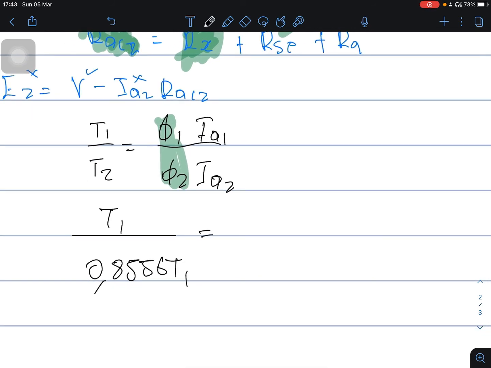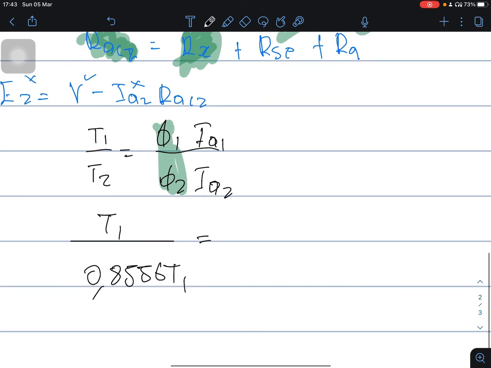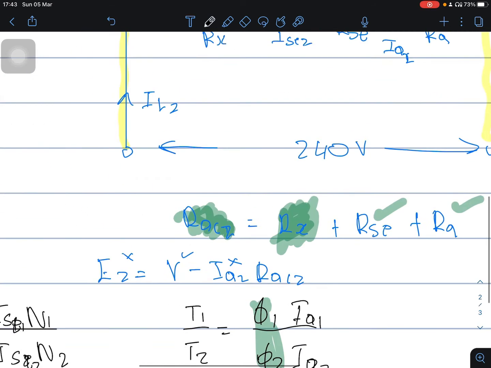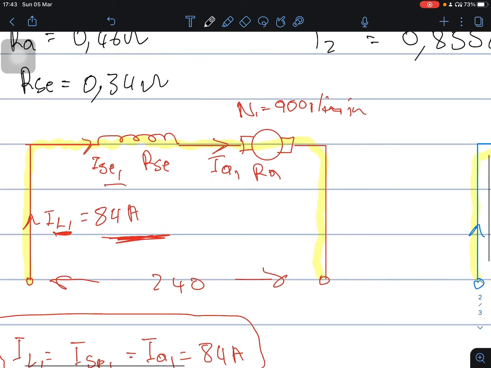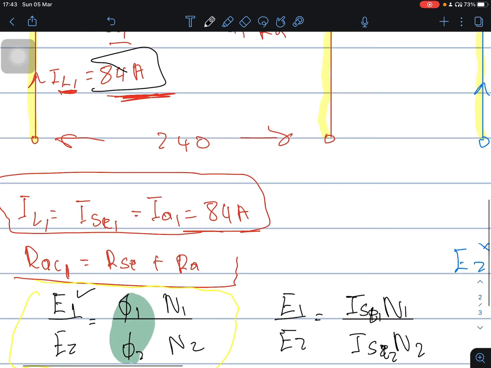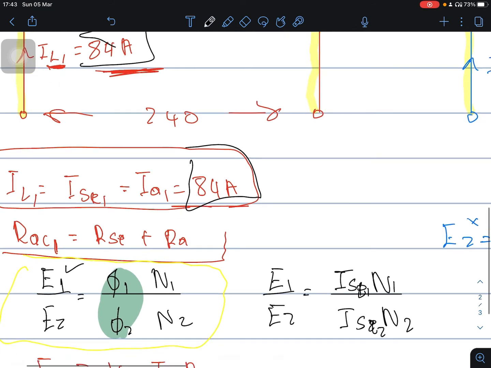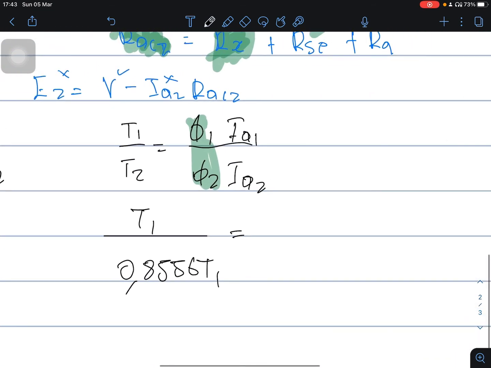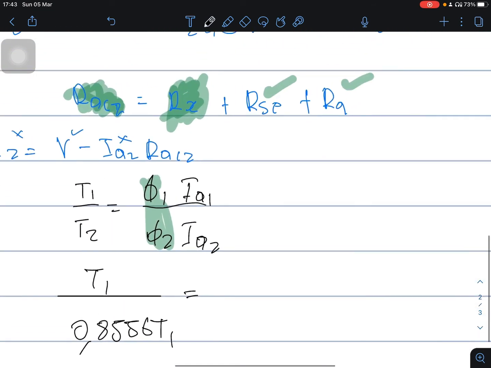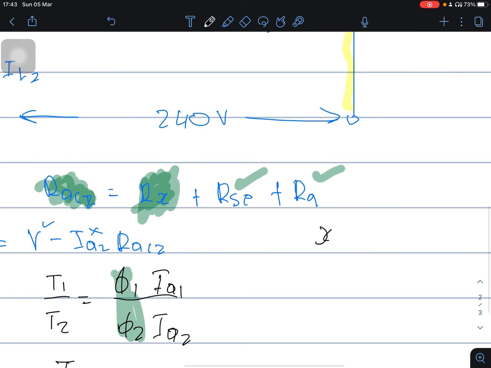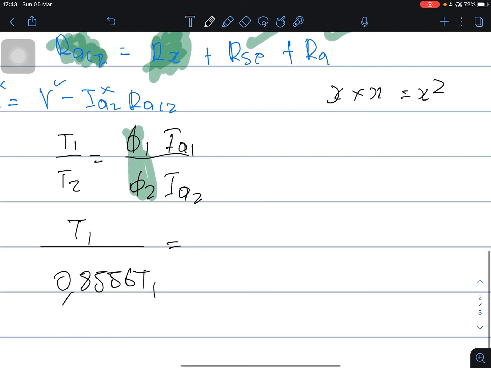Then I series 1 is 84. Remember, we said a multiplier x times x equals x squared, so I'm going to say 84 squared.